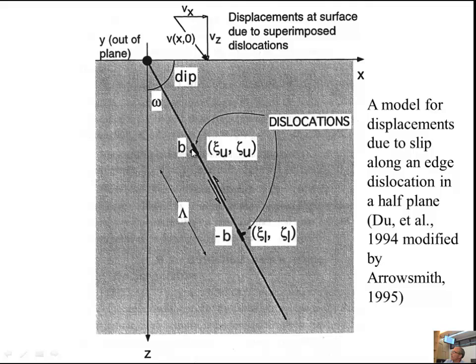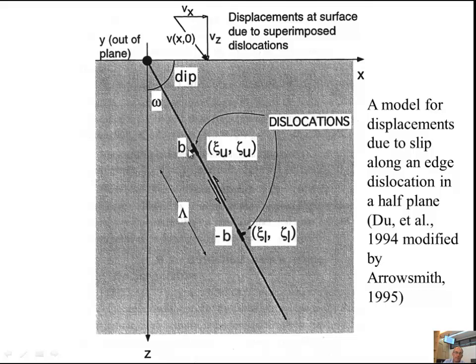This is the top of one dislocation that would go to minus infinity. This is the top of the second dislocation, also going to minus infinity, with a negative B, which is just the slip. And so down here, B and minus B are counteracting each other, so there's no effect from this part.